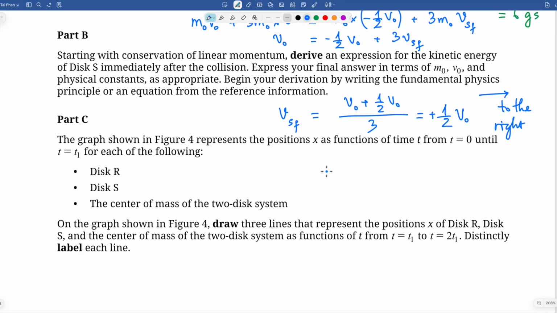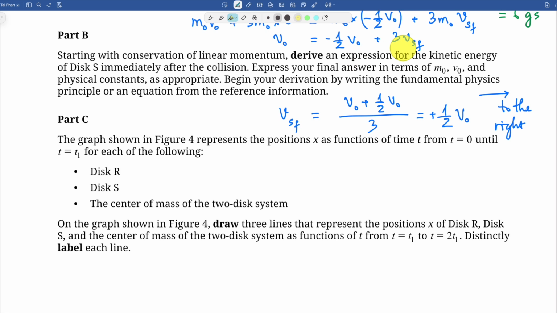Okay. So I forgot to do one more thing, to calculate the kinetic energy of this S immediately after the collision. So we got here the final speed of this S, which is 1/2 v0. To calculate its kinetic energy, let's write KE of S after collision, final. Just use the formula 1/2 mv squared.